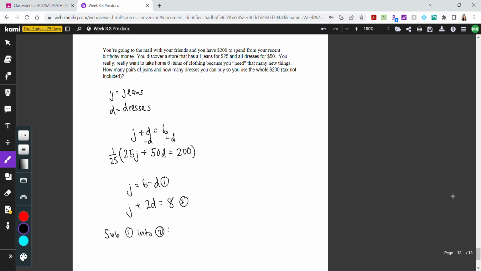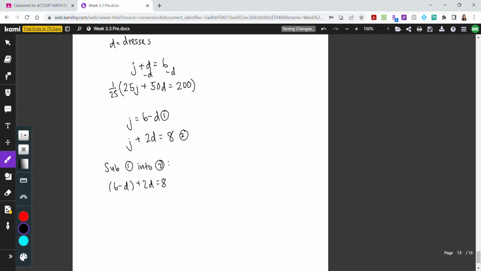Right, so I'm going to substitute this J here with 6 - D. So we have 6 - D + 2D = 8. Right, open the parentheses, 6 - D + 2D = 8. Group all the like terms, and that is going to give us D = 2. All right, now because I know D = 2, I am going to substitute that into equation 1, which will then give us J = 6 - 2, J = 4.